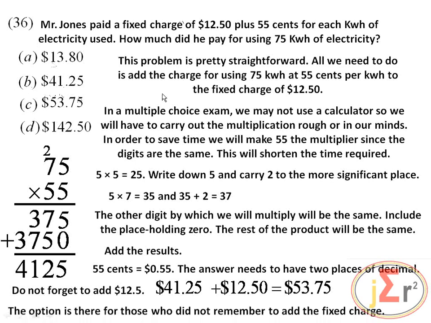The option is there for those who did not remember to add the fixed charge. But now that we have added the $12.50, we are sure that the correct answer is option C, $53.75. The option is C instead of B.